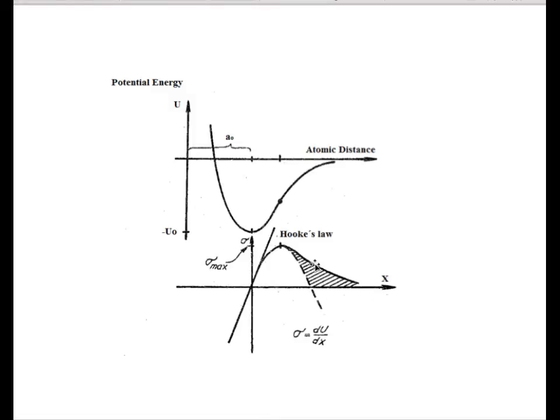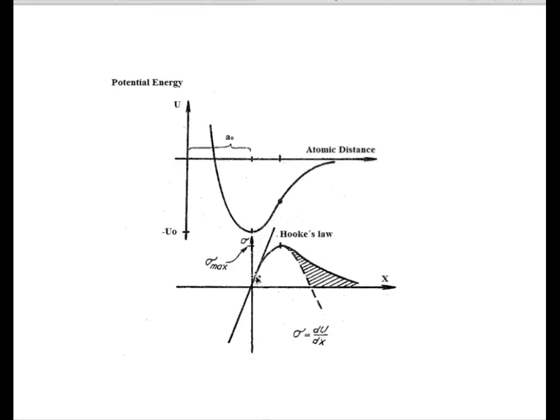But now we assume that we are pulling on the material. When we put a force onto the material, we pull the atoms apart, which means that we follow this curve. If we make a tangent at the zero point, we get a straight line here. That line can also be obtained by the second derivative of the potential energy curve at this point.